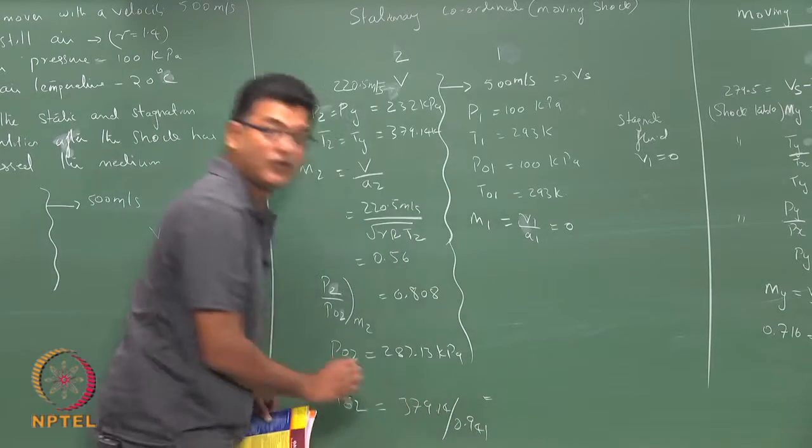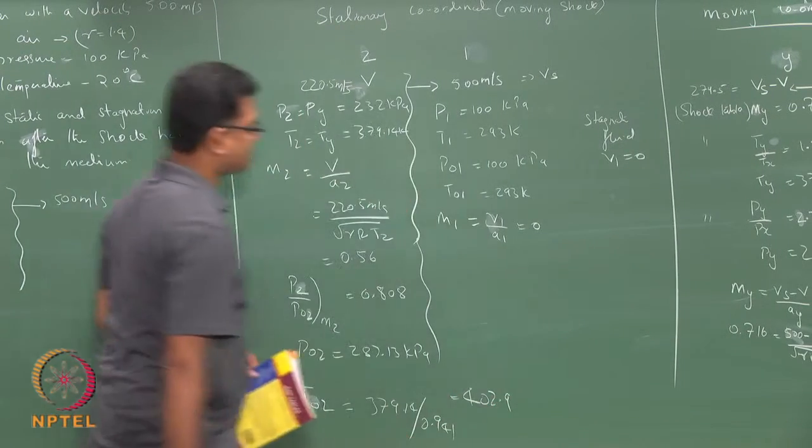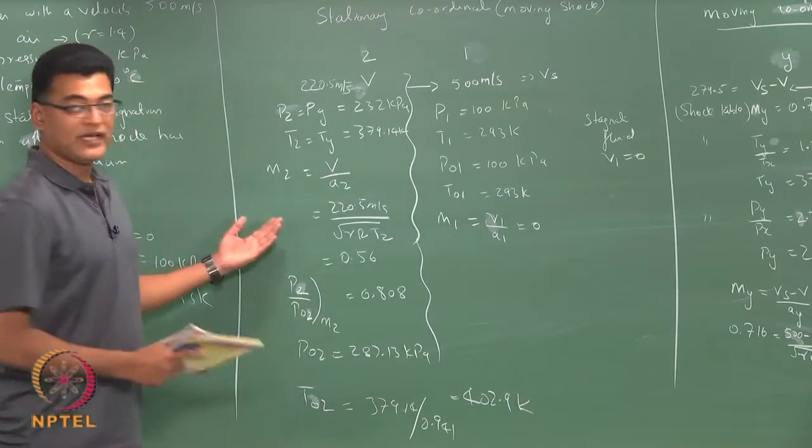This gives T02 of 402.9 Kelvin. Okay. So now we have the answer.